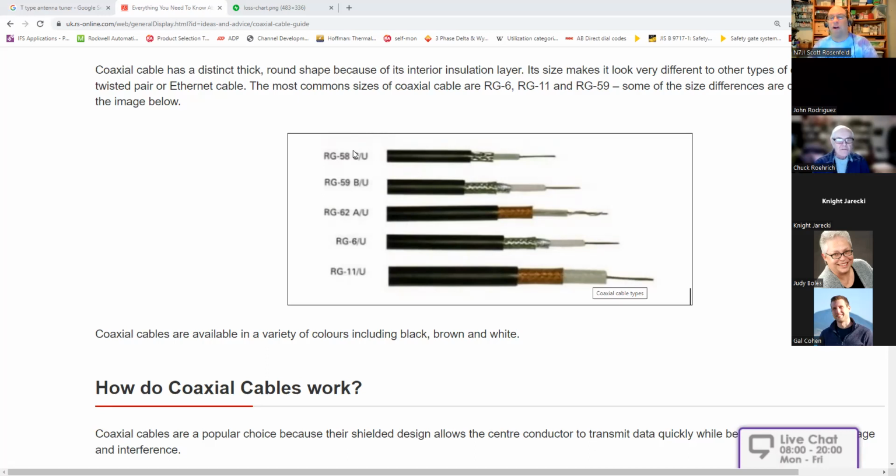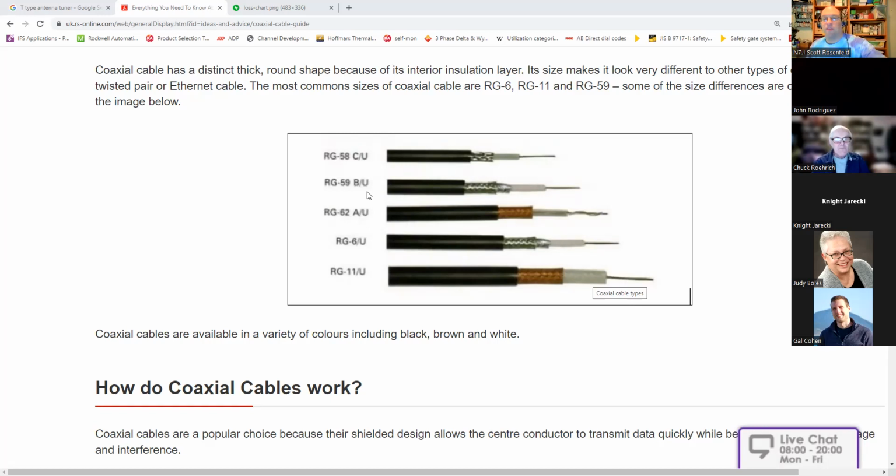Well, it turns out that RG58 is 50 ohm cable, and the other four that are there are 75 ohm cable, which basically means that those 75 ohm cables, which are 59, 62, 6, and 11, are simply scaled versions of each other. The geometry is exactly the same. The materials are going to be very much the same.